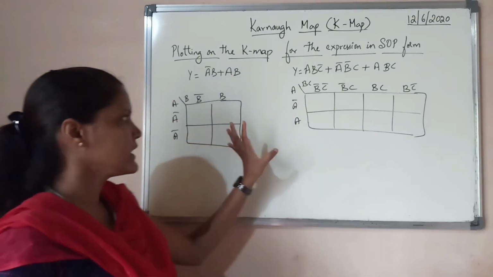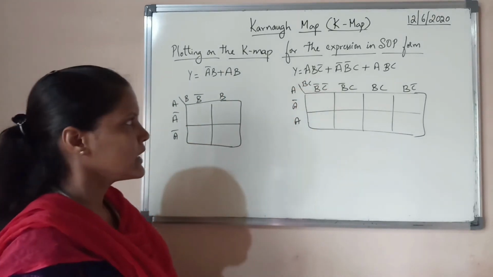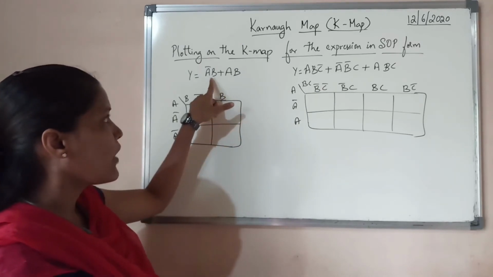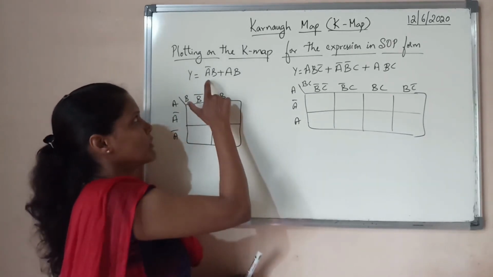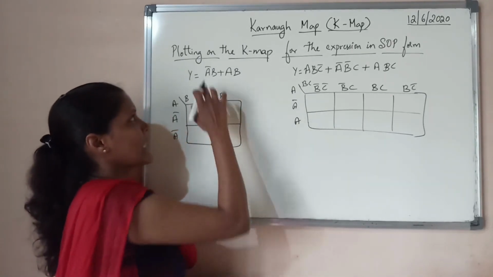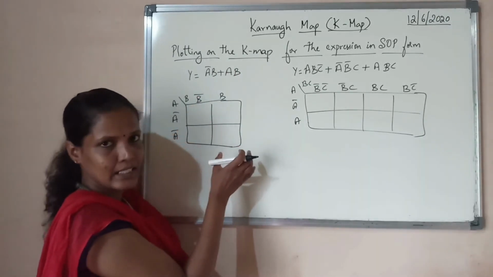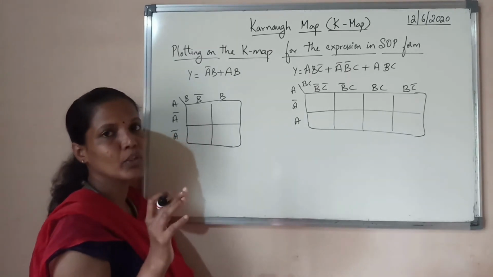Here I have already written the K-maps for 2 variables as well as for 3 variables. Now what you have to do is fill each of the given minterms into its corresponding cell. You have to identify the terms a bar b and a b that are given. For those particular cells, you have to write 1 and the remaining cells have to be filled with 0.